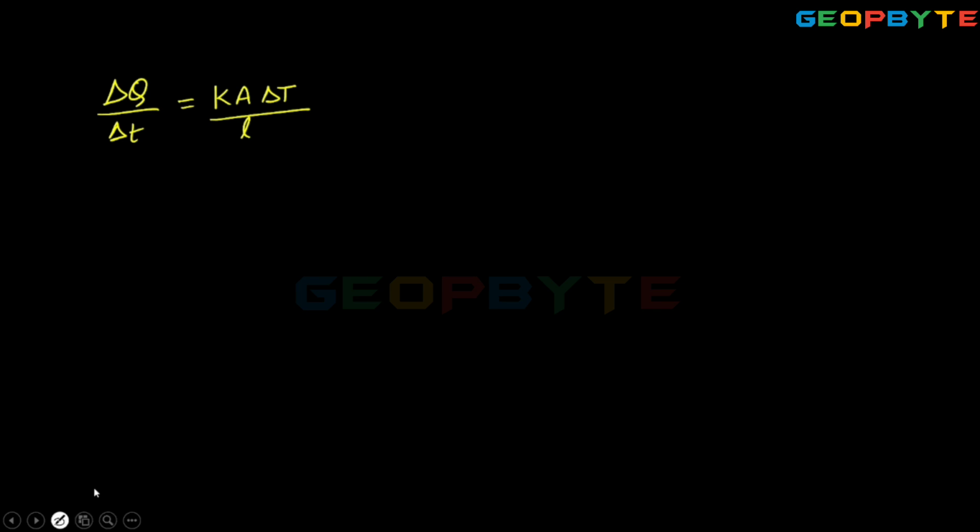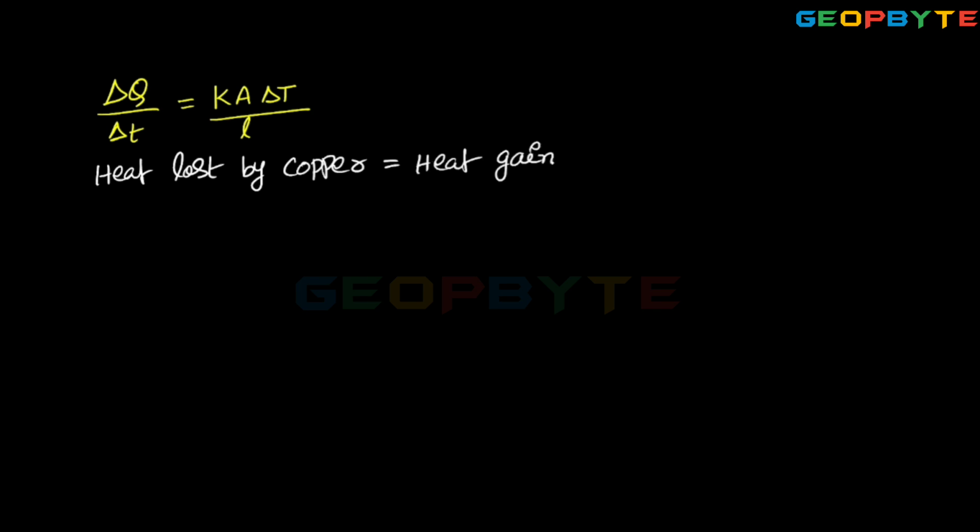Here, heat lost by copper equals heat gained by steel, because steel is available at low temperature. Let me write it clearly.